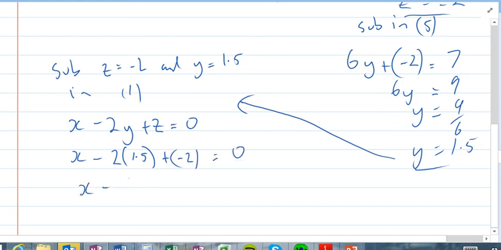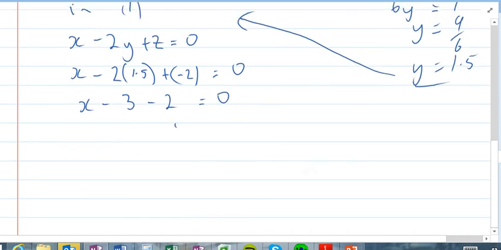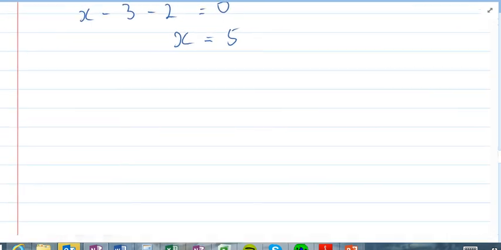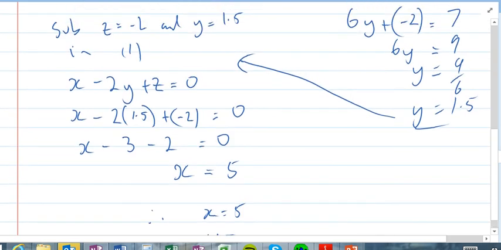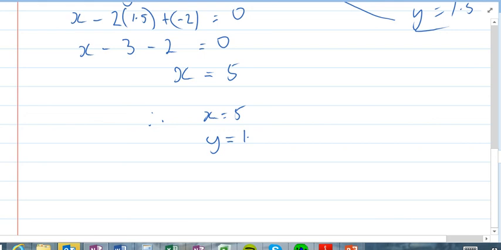I've got x, 2 times 1.5 is 3, minus 2 equals 0. So x, add 2, add 3, it's going to be 5. So my final solution is, therefore, x equals 5, y equals 1.5, z is equal to minus 2.